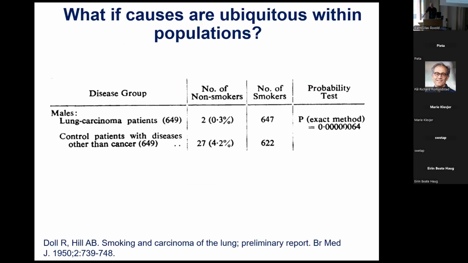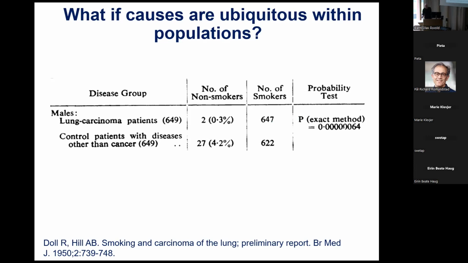Talking about ubiquitous exposure, we can go back to Doll and Hill in 1950. One of the most remarkable statistics, and this is their case control study, the first very large-scale case control study of smoking and lung cancer: of the 649 male lung cancer cases, only 2 were lifetime never smokers. Well, that's in the cases, but in the controls, only 4% of men in the UK at that time were lifetime never smokers.